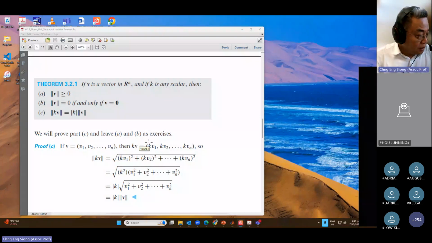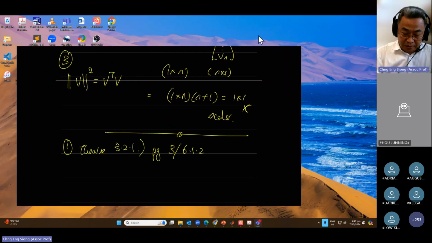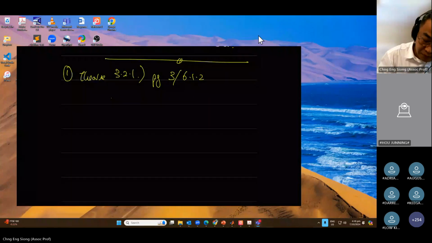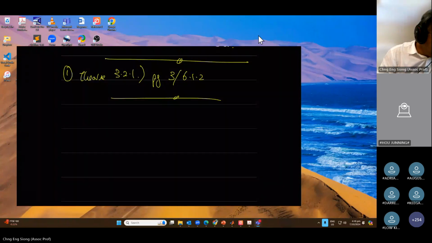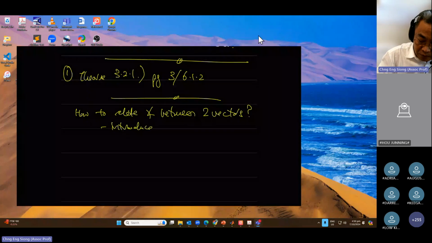All right. So we are done with norm, and now we're going to do something slightly more exciting, which is how to relate the angle between two vectors. And we introduce the dot product.